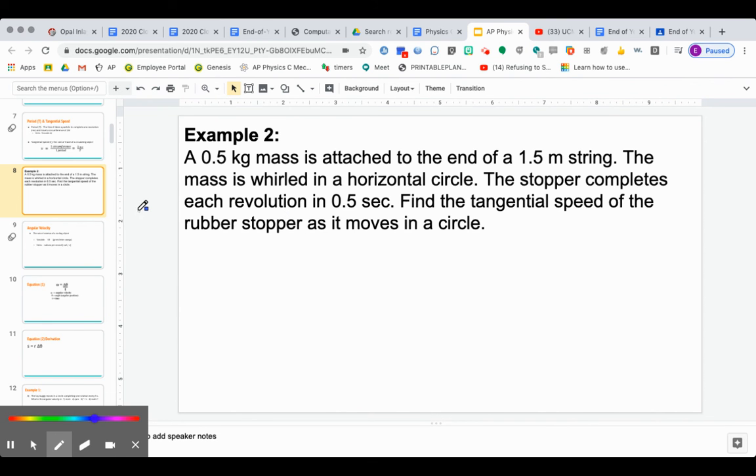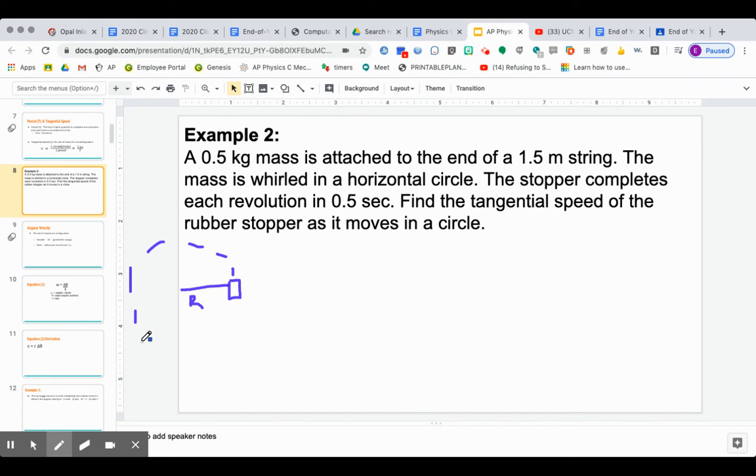Okay, so we have a 0.5 kilogram mass attached to the end of a string, which has a length of 1.5 meters. So that means that our radius is 1.5. Our object is going to be whirled in a horizontal circle.